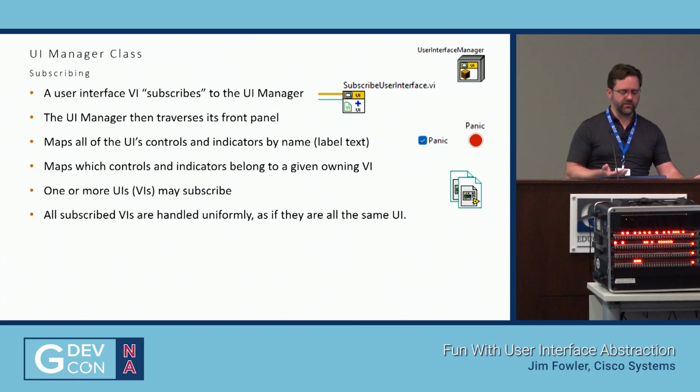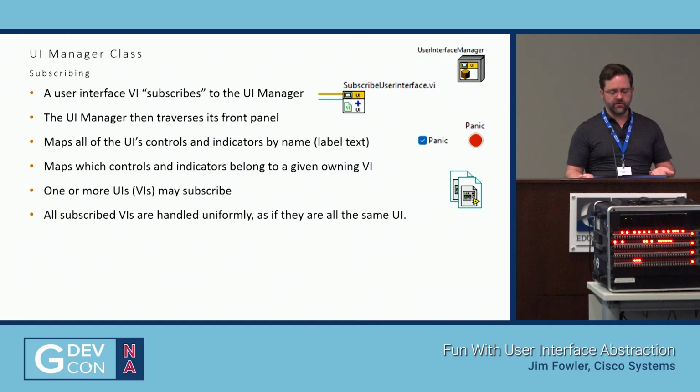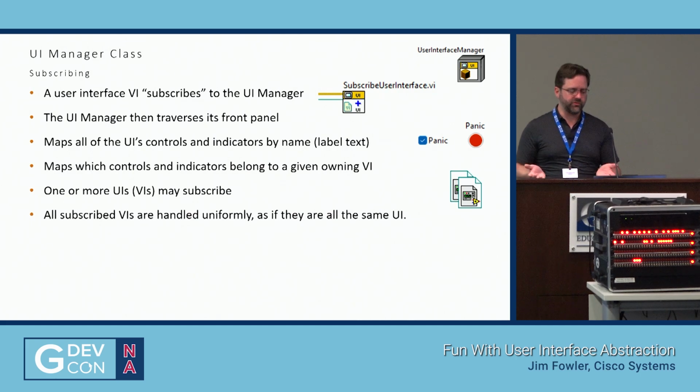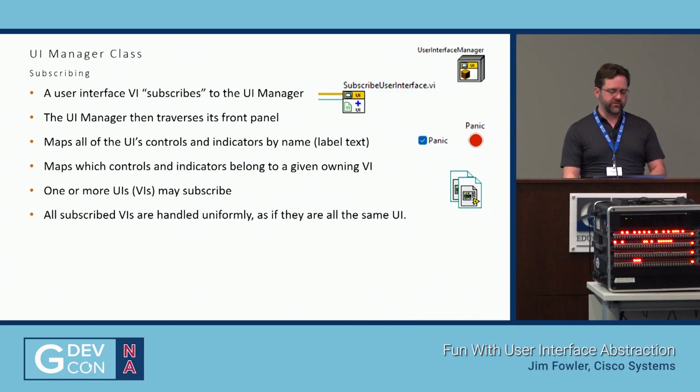I've written some more advanced ones, but this is one I wrote just for this demo. It also maps it to the owning VI, because I haven't gotten to unsubscription, but if the owning VI unsubscribes, then you need to know which controls are no longer applicable to your application. And one of the cool things about this is all the subscribed VIs are handled uniformly as if they're all one UI.